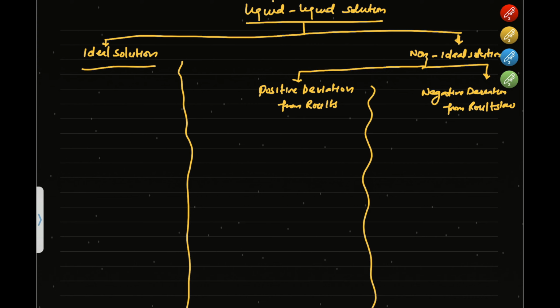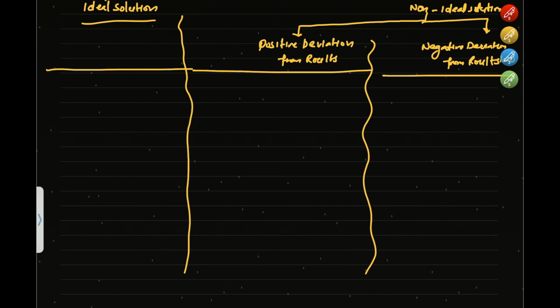What is the ideal solution? Ideal solutions are those solutions which obey Raoult's law over the entire range of concentration.